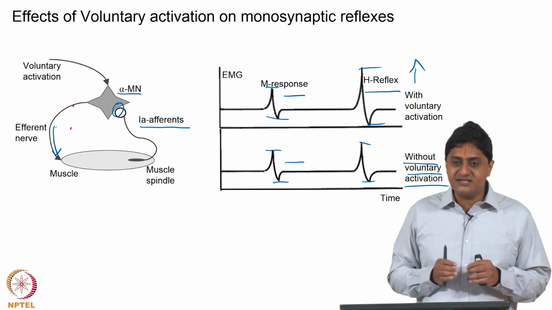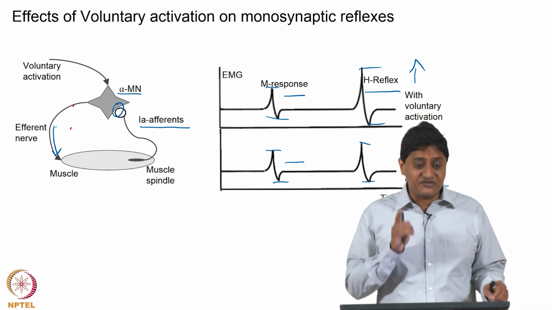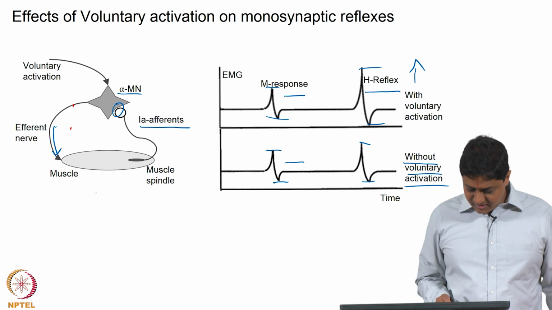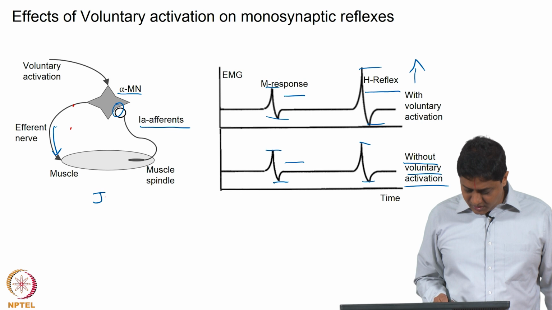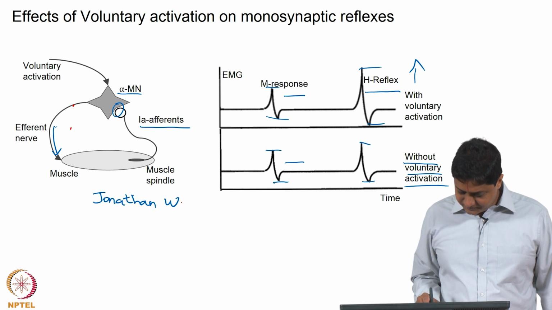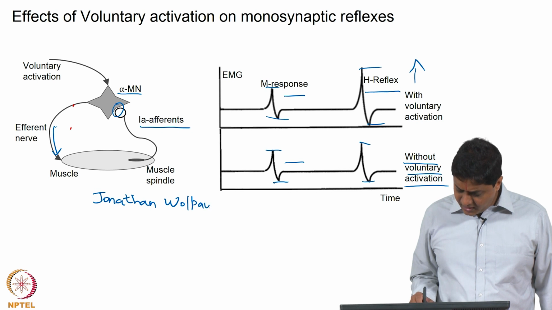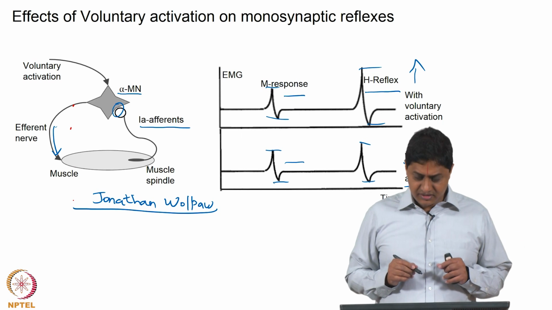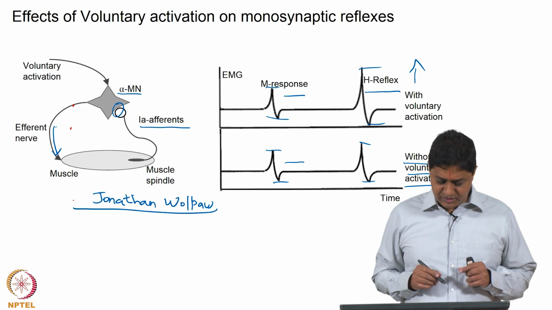The answer is yes, but with substantial training. This kind of research is pioneered by Professor Jonathan Wolpaw. Those who are interested in this topic can check this, and other colleagues. Do check the publications of Professor Jonathan Wolpaw.